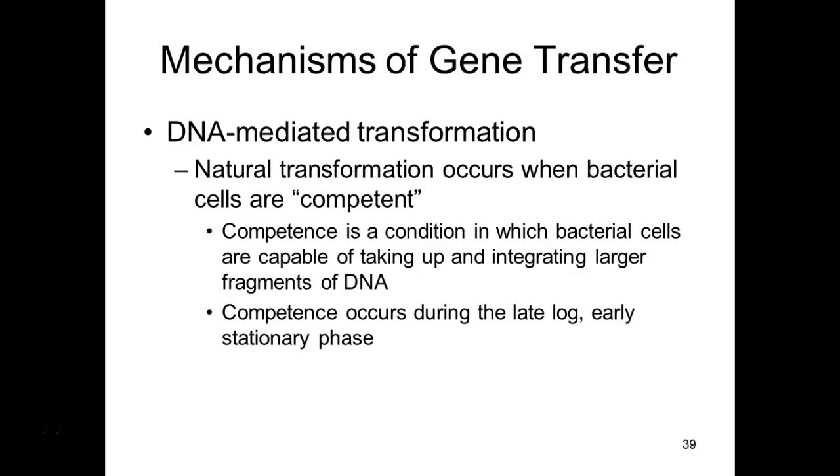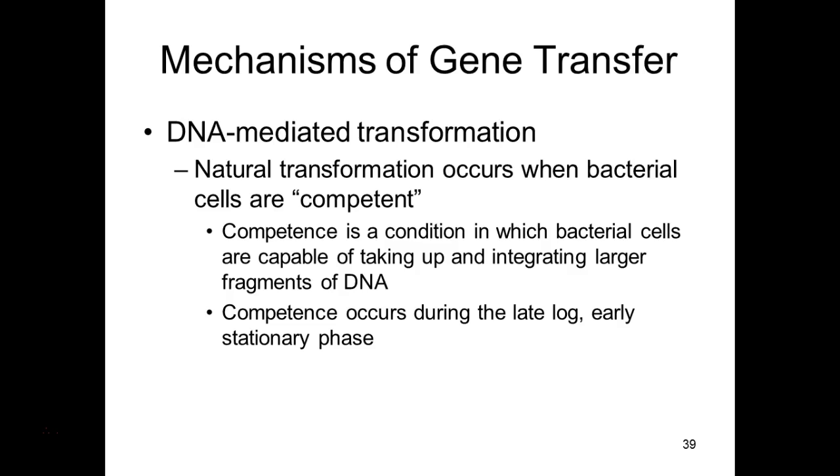So this stressful condition can be caused in a laboratory setting. A lot of times we chemically make them competent. There's special lines of cells that are more competent than others, that are more apt to take up more DNA, especially when we really want them to take it. Right? We really have to stress them out and convince them.